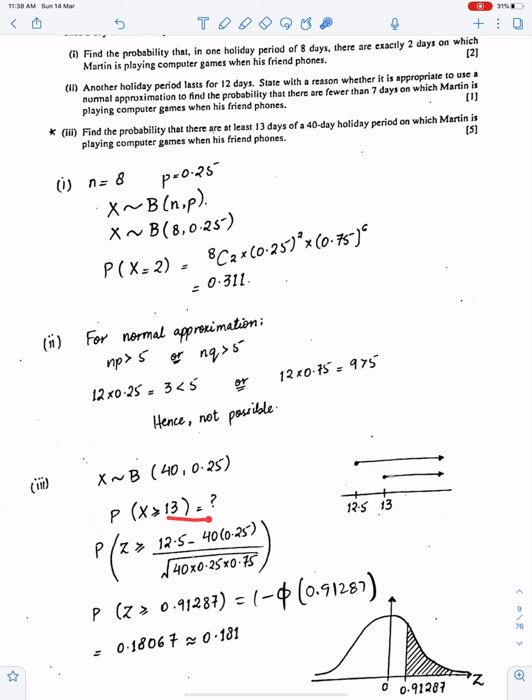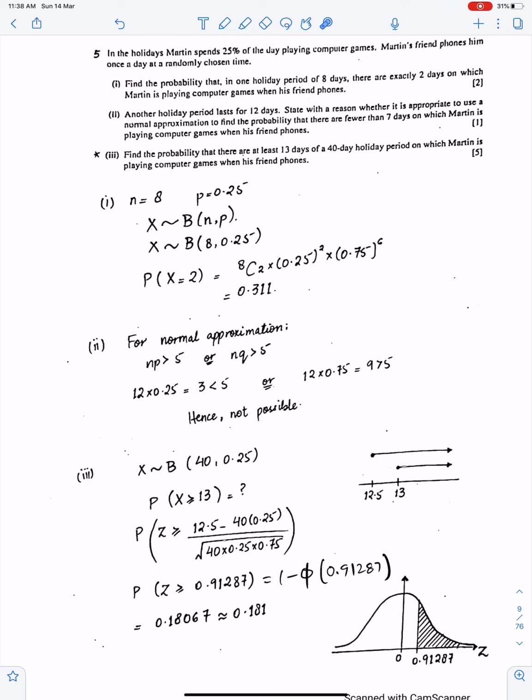The first possible integer is 13. Since we are going to the right side of the number line, we have to take the lower bound of this number. So the number is 12.5 minus np over the square root of npq. And this is 1 minus phi, because we need this area, and this is the final answer.